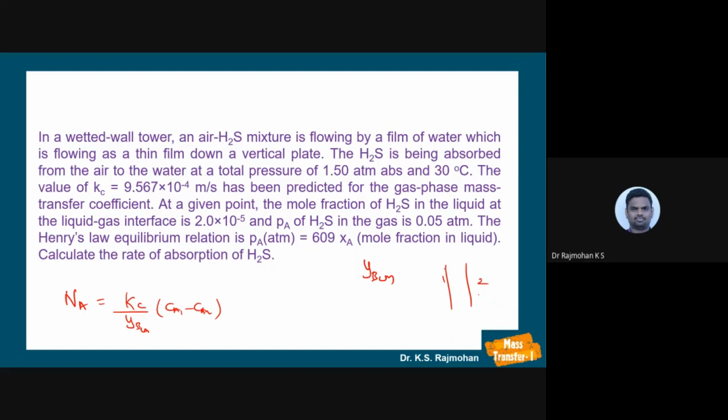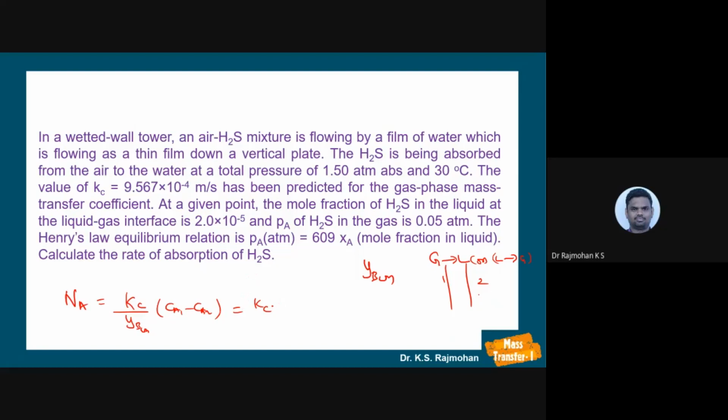One can be the interface. Mass transfer can take place from gas phase to liquid phase or liquid to gas phase, right? So one is going to be the bulk, and one is going to be the interface. So Kc equal to this. If we want to write it in terms of partial pressure, how do we write that?